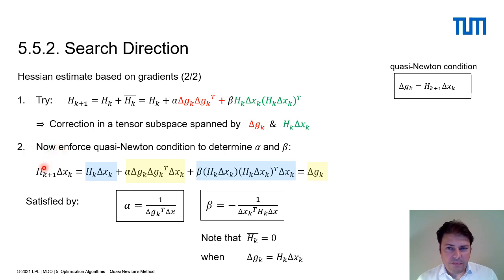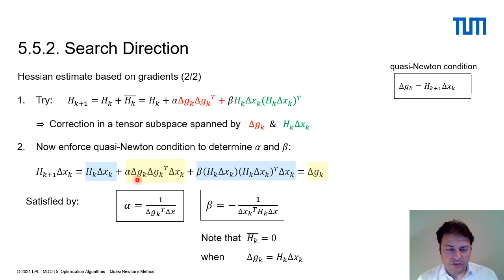So we start by plugging in the expression for hk plus 1 into this term, which will, by the quasi-Newton condition, evaluate as delta gk. And plugging into hk plus 1 will give this: hk times delta xk plus alpha times delta gk transpose times delta xk.